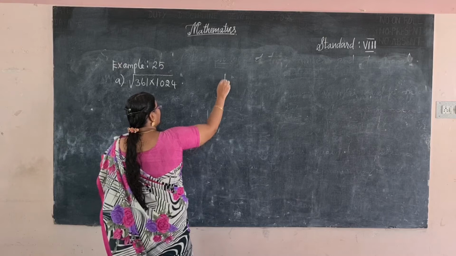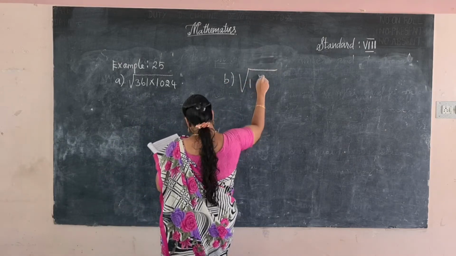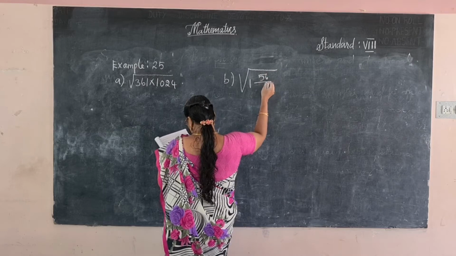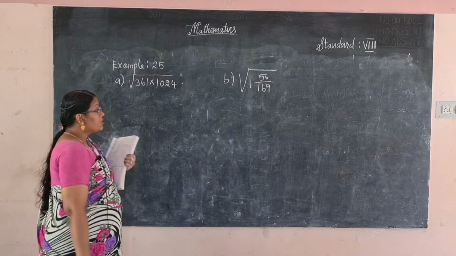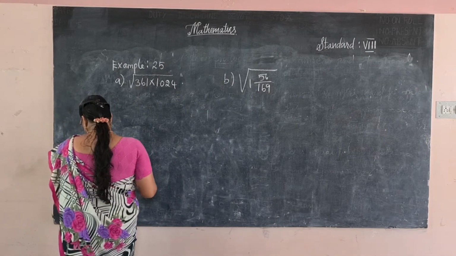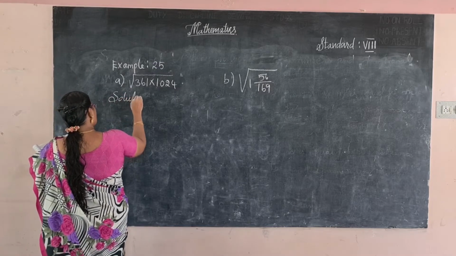And next one, B: the square root of the mixed fraction 1 56 by 169. First we consider the first one, A.